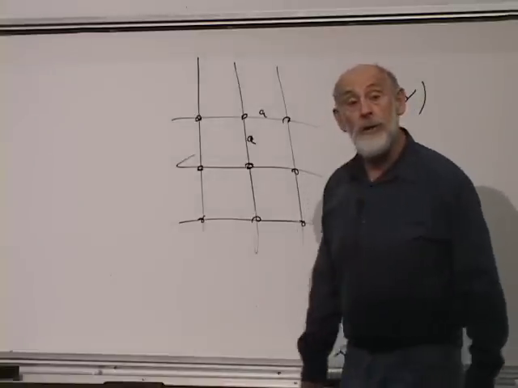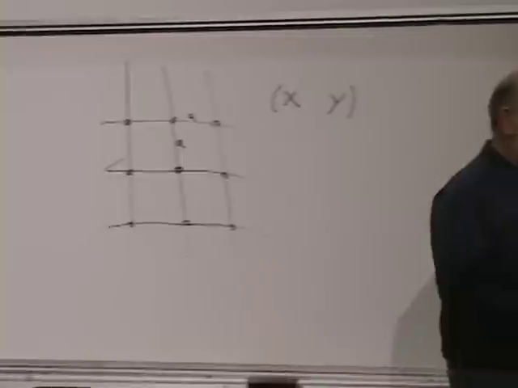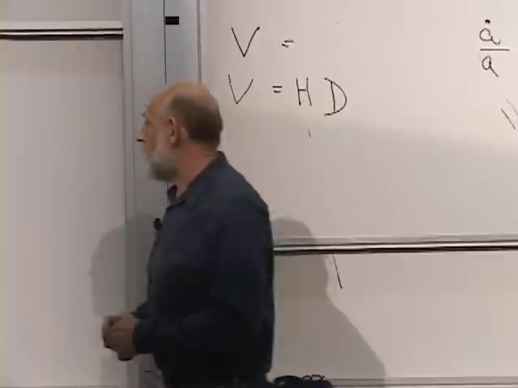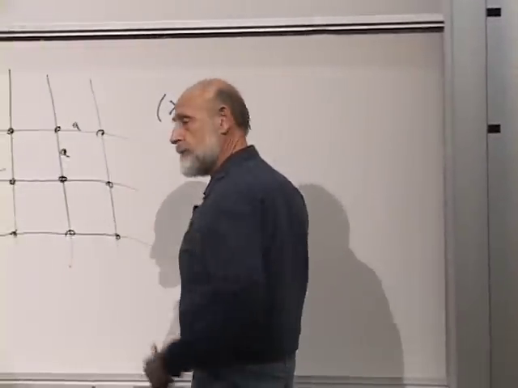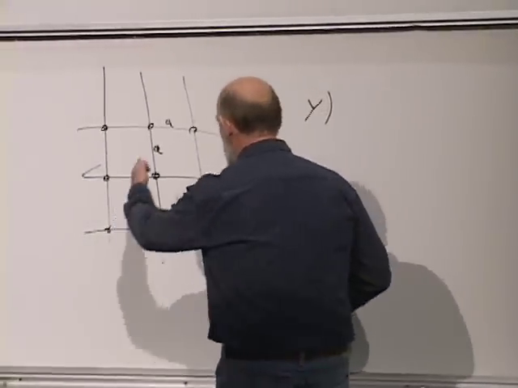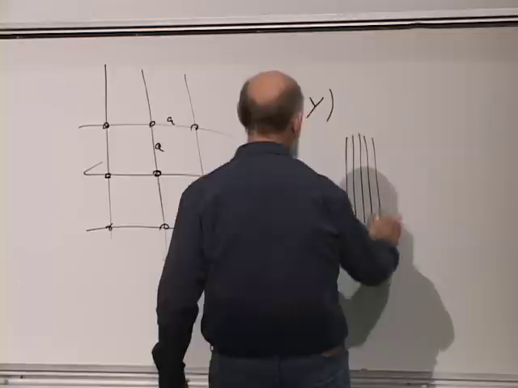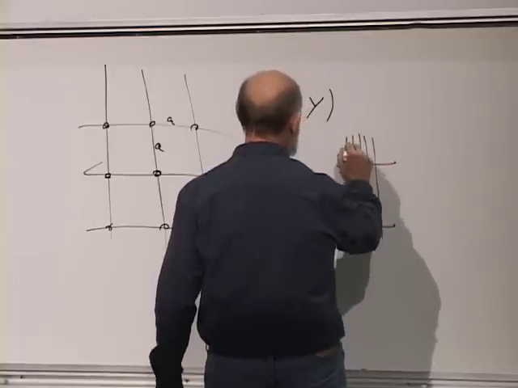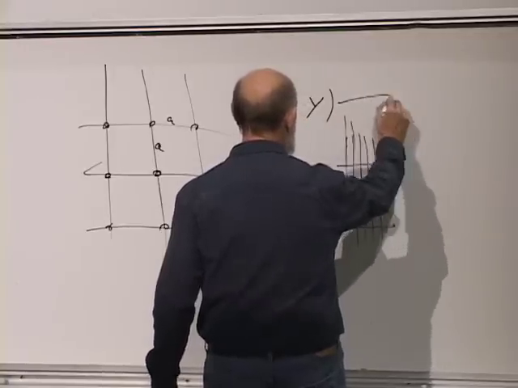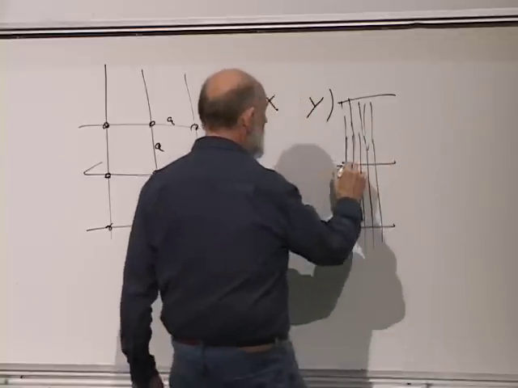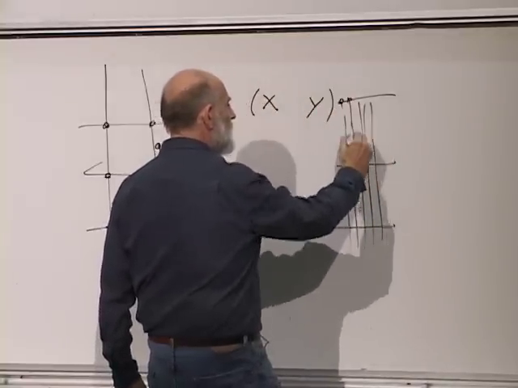What do we know about it? Well, supposing the galaxies were not equally spaced, but they were more crowded in the x direction than they were in the y direction.